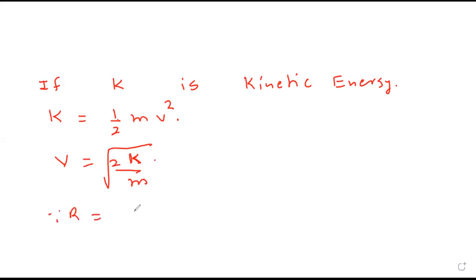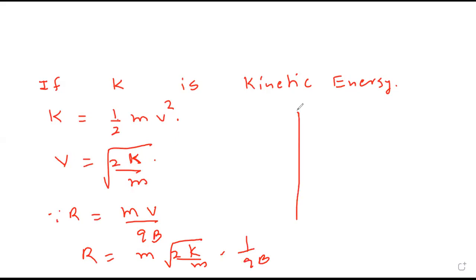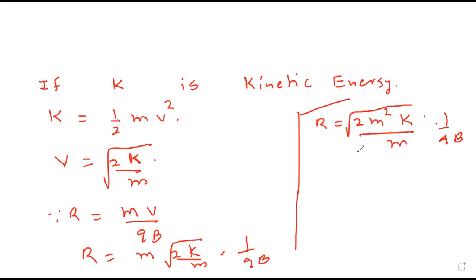Since r is m into v upon qB, r will become m into root of 2K by m into 1 upon qB. That means m goes inside the root, it becomes m square into kinetic energy upon m, into 1 upon qB. So this gets cancelled. So I can say it is root of 2 times m into kinetic energy upon qB.